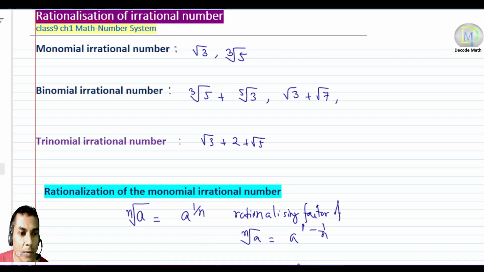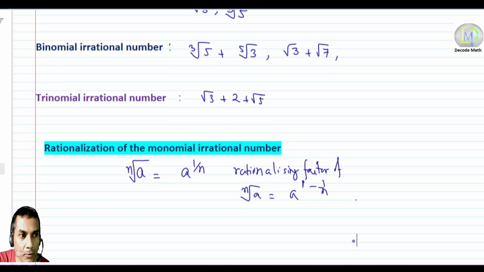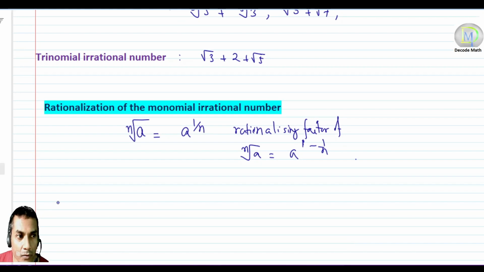So let's take one example, if the question is given to find the rationalization of the monomial irrational number. Let's take one example, the cube root of 5. We can write it as 5 to the power 1 by 3. Clear?